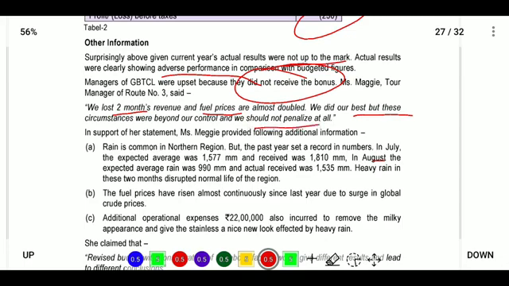What he is telling is that the manager is not giving any bonus, and the employee is providing the explanation for the loss. When the activity is beyond their control, we should not penalize them by not giving the bonus. Is that correct?